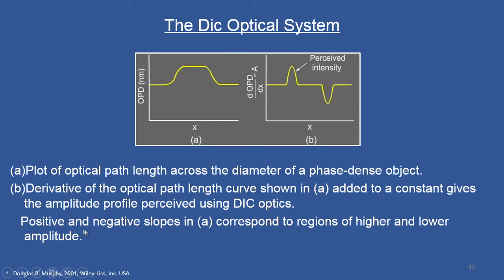So, you see that positive and negative slopes in A correspond to regions of higher and lower amplitude. So, this is a key schematic which explains the name differential interference contrast.